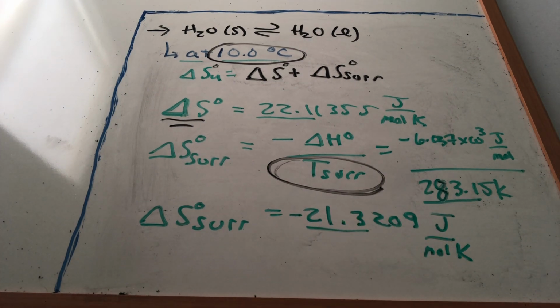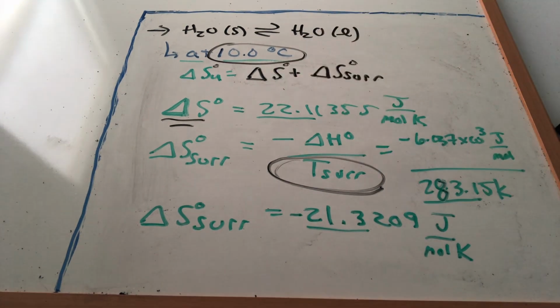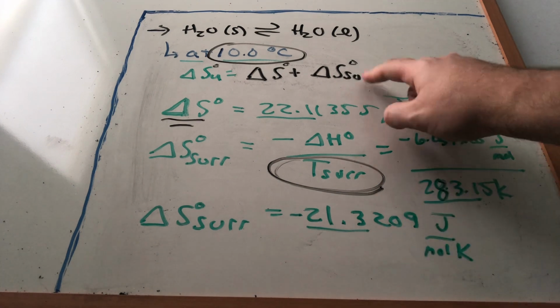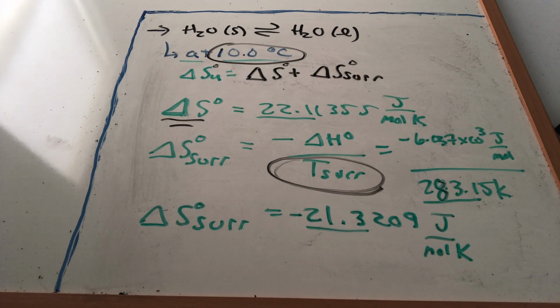Oh, okay. So I come back up here now. I have a number I can put in for delta S naught. That number goes there. I have a number I can put in for delta S for the surroundings under standard conditions. That number goes there.